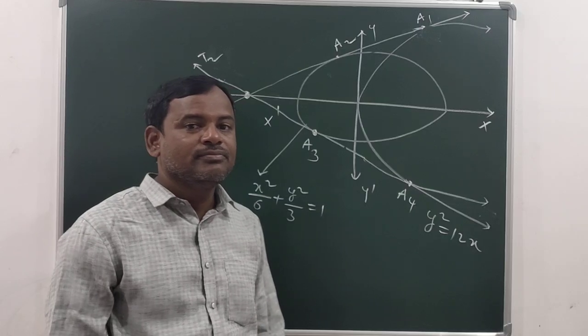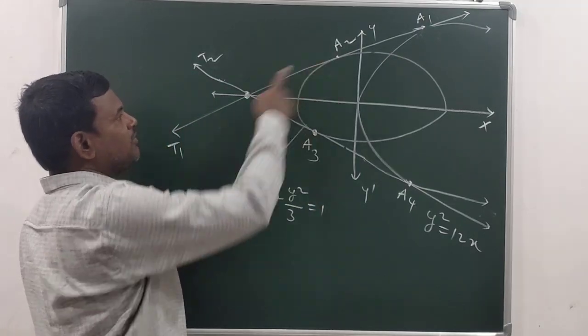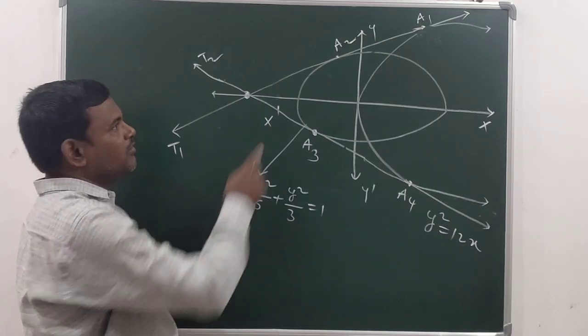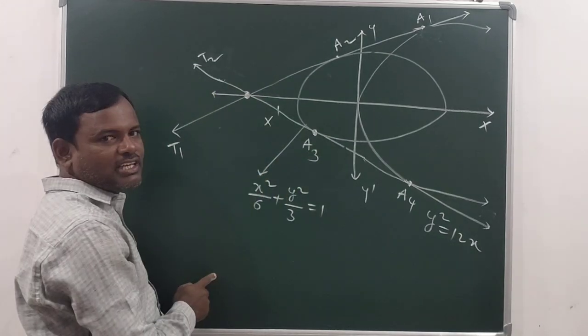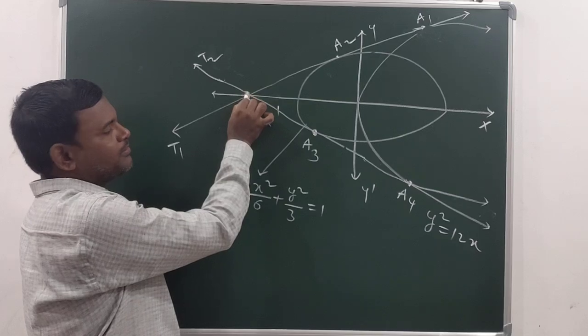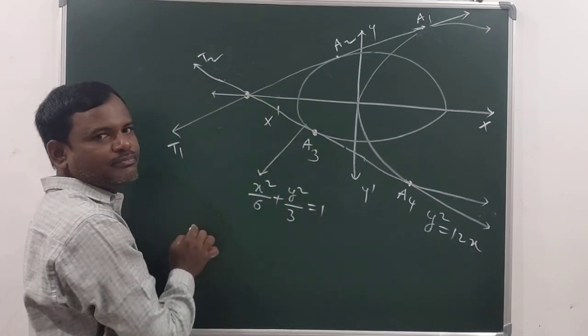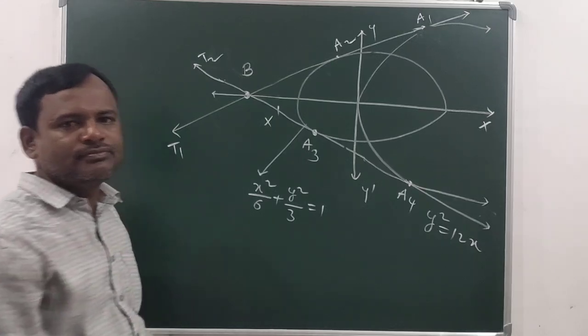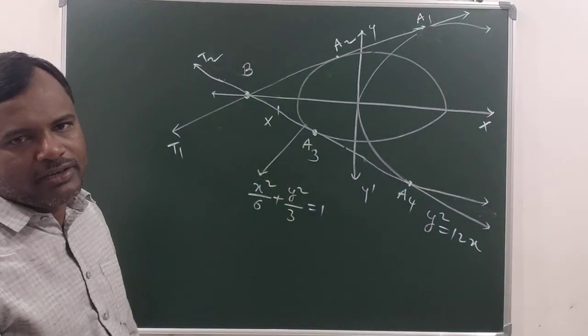Find the point of intersection of T1 and T2 on the x-axis. Where are these two intersecting on the x-axis? At this point. Let us name this point B, which you have to find.